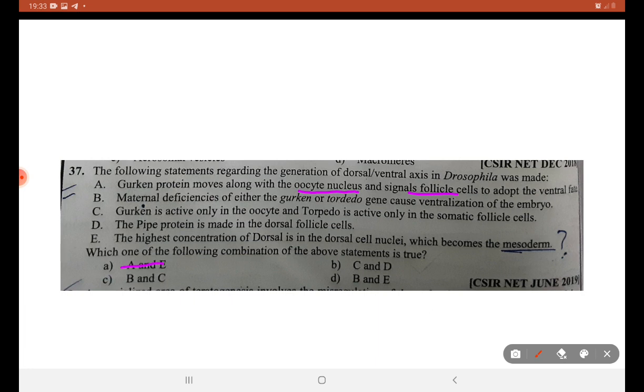So A is not the right answer. Maternal deficiency of either gurken or torpedo leads to ventralization. Yes. Gurken is active only in the oocyte and torpedo is active only in somatic follicle cells. B is the right answer. So B, C are the right options.